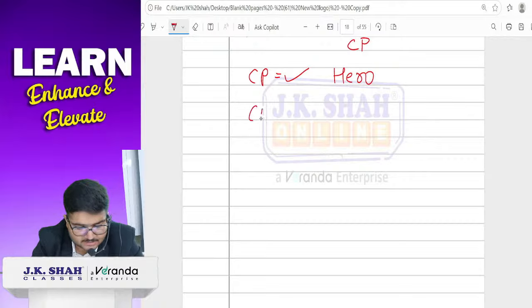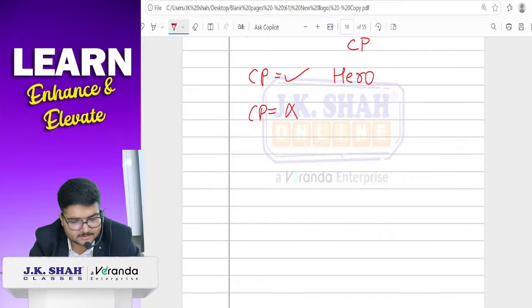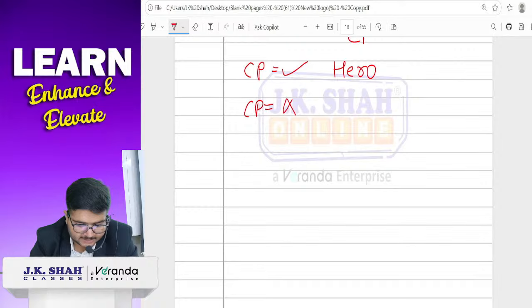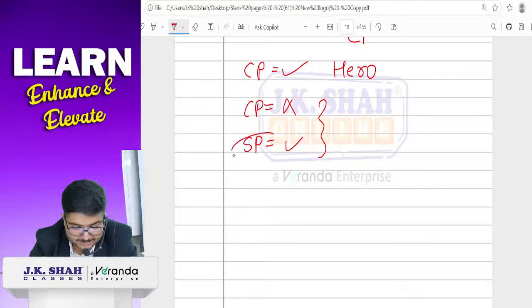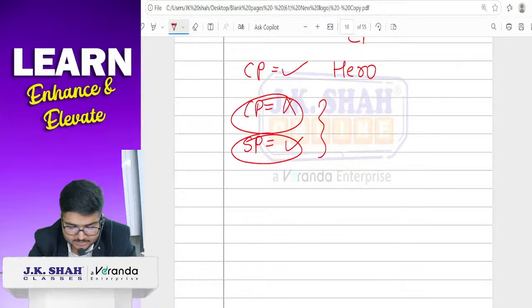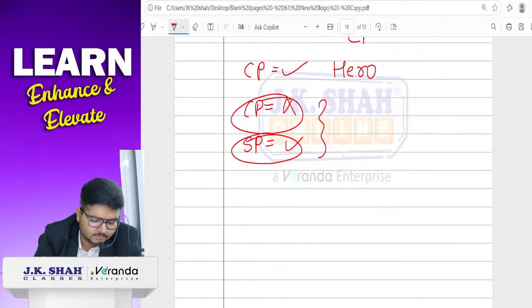But whenever cost price is not given and selling price is given, that time the sum is a little bit difficult, right? So now selling price is given and you have to find cost price, then the sum becomes a little difficult. I'll do some sums and we can figure out how to solve such sums.